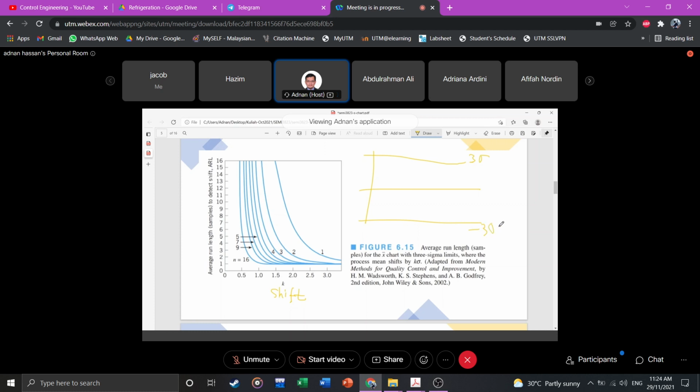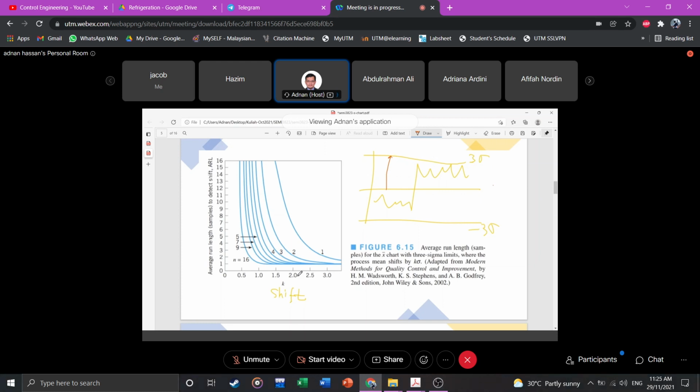Shift means your sample suddenly shifts up. We want to know how quick the control chart is to detect when there is a shift. There might be a shift of 0.5, 1, 1.5, 2, 2.5, 3. Shift 3 means immediately it is out. So your control chart should be able to detect this.